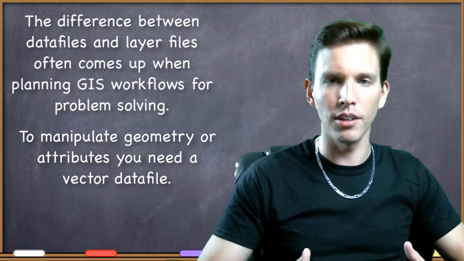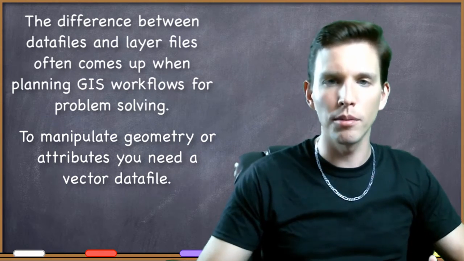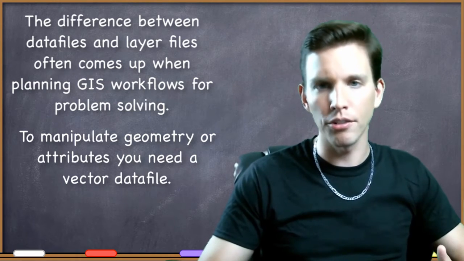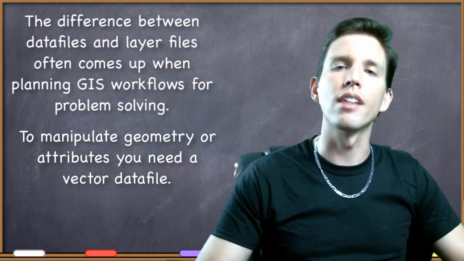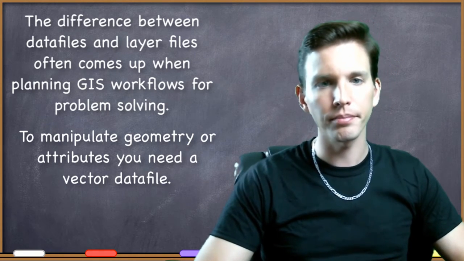Because in order to save the updated geometry, in order to save the manipulated geometry or attribute information, it's going to have to write out a new shapefile because that's what stores the information.